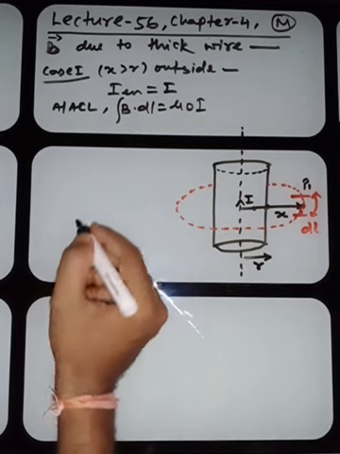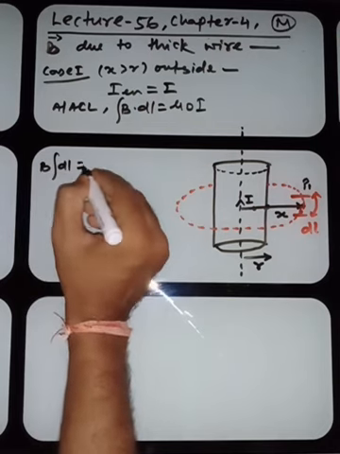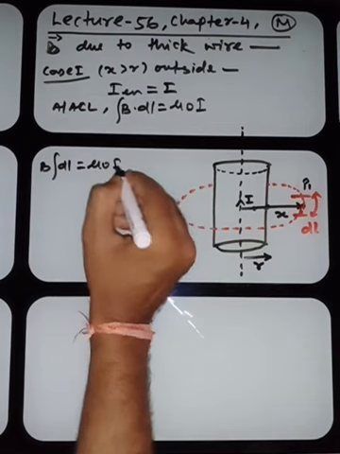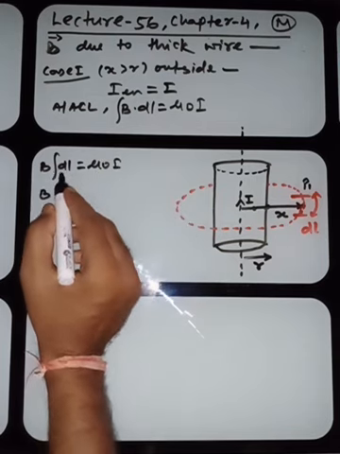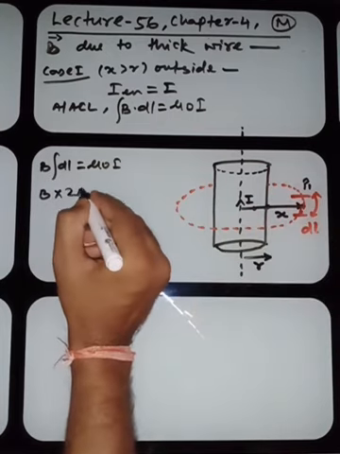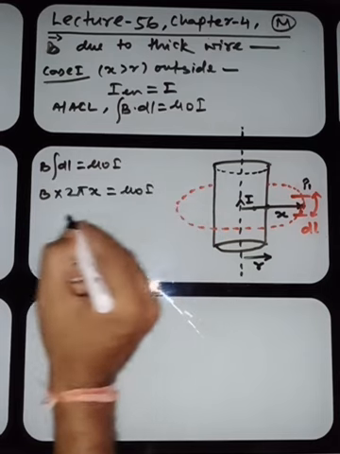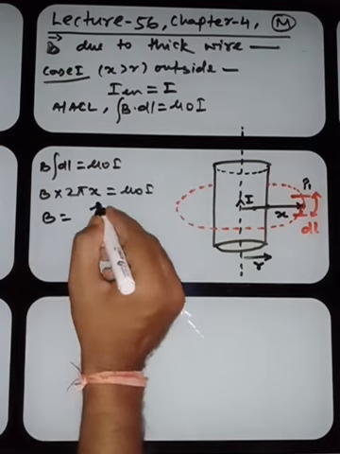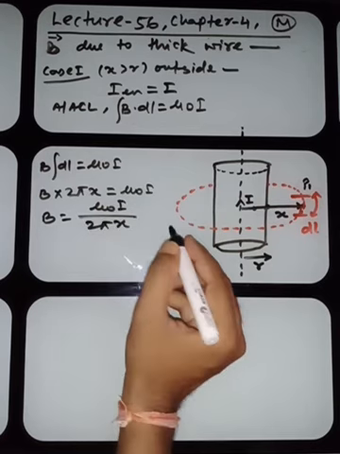Now B dot dl is equal to mu naught I, and B times the value of dl, which is 2 pi x, equals mu naught I. So B is equal to mu naught I by 2 pi x.